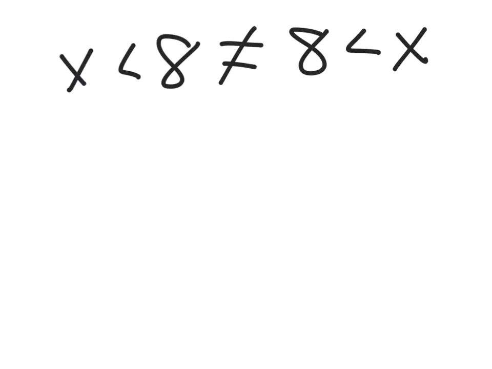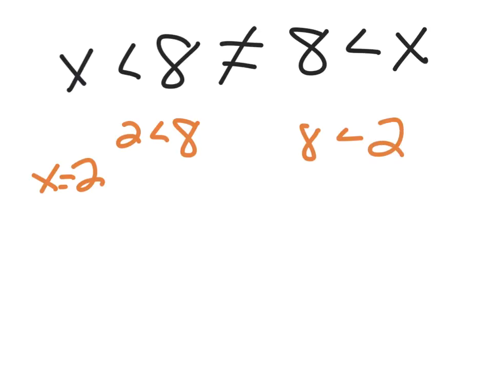Okay, I just wanted to reiterate the fact that when you flip the numbers, that doesn't make an equivalent inequality. So, x being less than 8 is not the same as 8 is less than x. For example, if we plug in 2 for x, 2 is less than 8, but 8 is not less than 2.